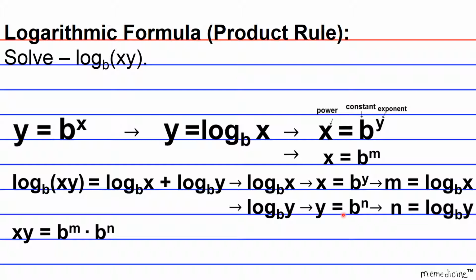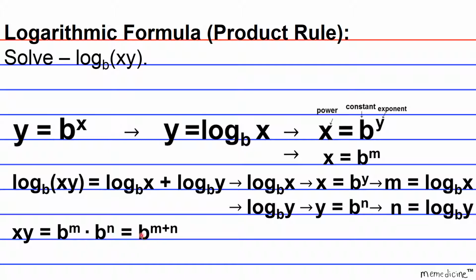Okay, and now I don't know if you're even aware, there's a multiplication property of exponents. When we multiply two terms with the same base but different exponents, we can combine the base and add the exponents.